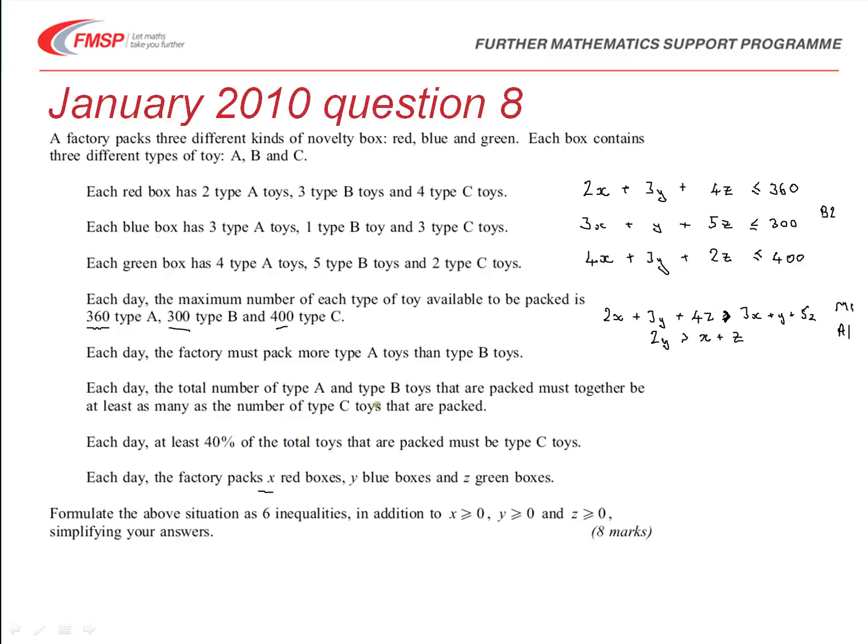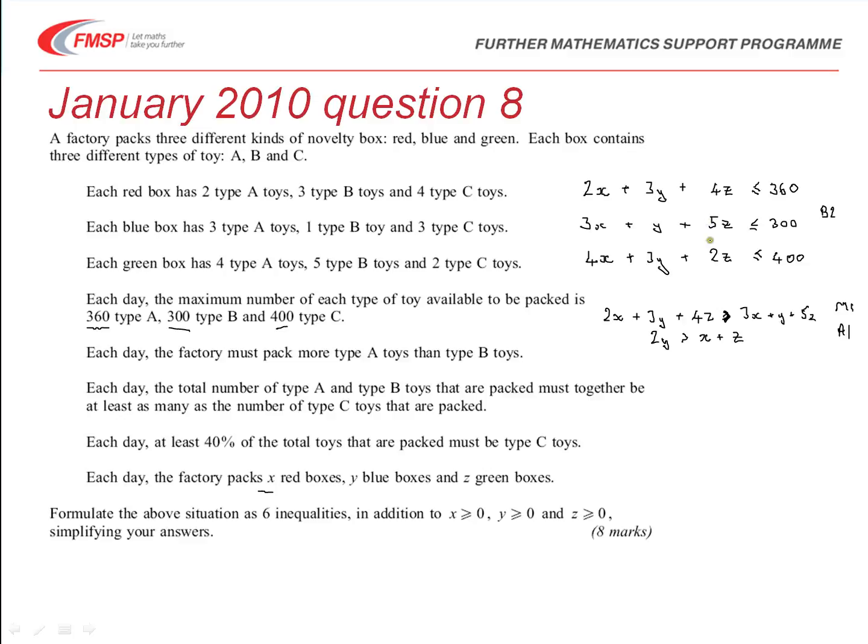Similarly, in the next one, type A and type B toys packed must be at least as many, so greater than or equal to the type C toys. For the type A's and B's, we add the 2x and the 3x, the 3y and the y, and the 4z and the 5z.